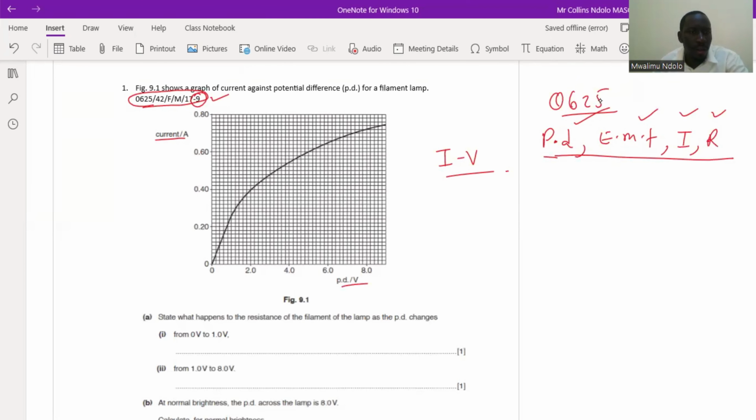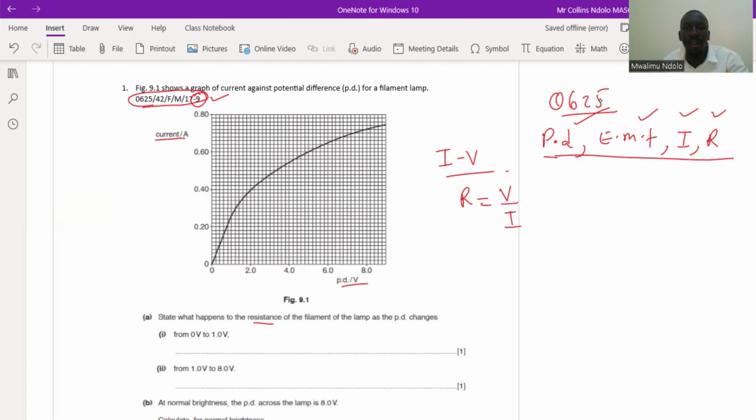Question number 1: state what happens to the resistance of the filament of the lamp as the PD changes. Before I look at that, we need to understand that resistance, according to Ohm's law, is defined as potential difference per unit current.